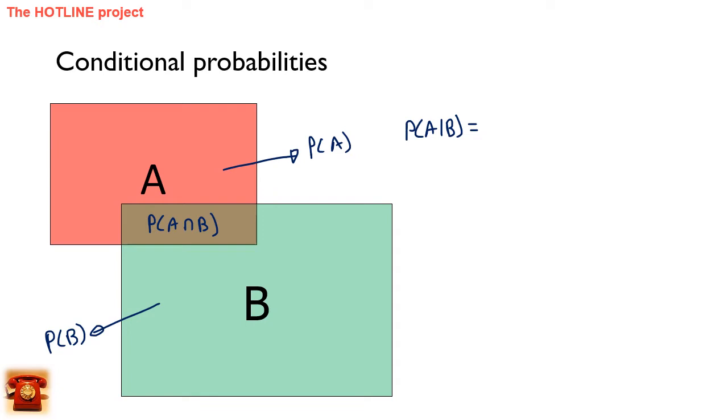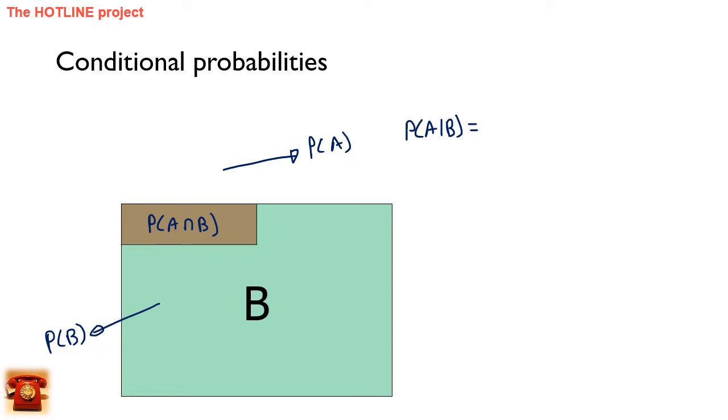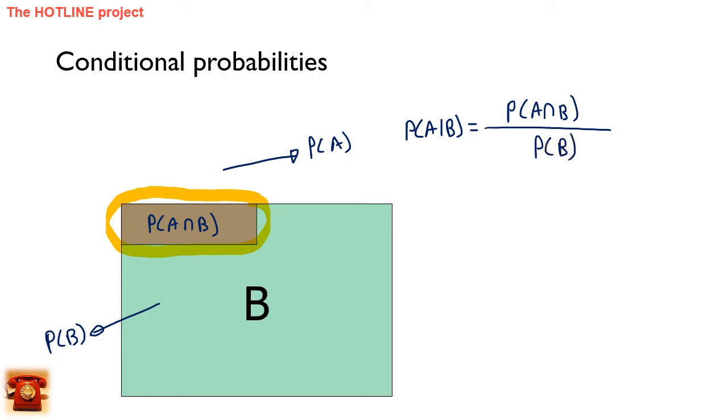So essentially, this is the same as restricting the parameter space only to B. And in this case, the probability of observing A would be equal to this sample space. So we can write that the conditional probability of A given B would be equal to the intersection of the two events as a fraction of the probability of observing B.